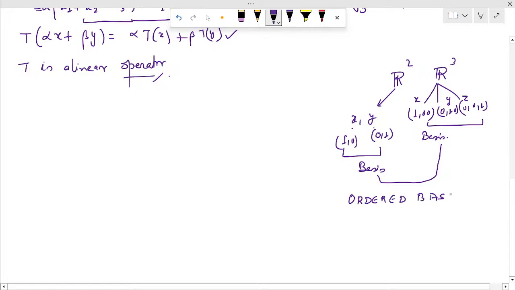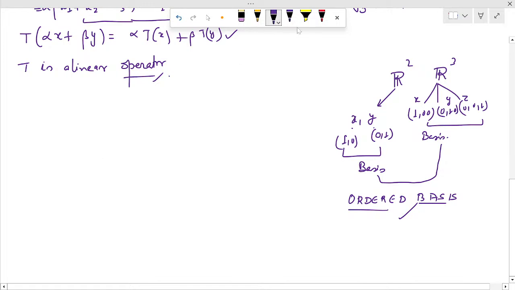Is that clear till now? I hope it is clear. Please let me know if there is an issue, because this is the final time that I'm teaching, so that everything gets revised and you can do all the questions that have come in the examination. Is that clear? Okay, so this is one thing, the ordered basis.